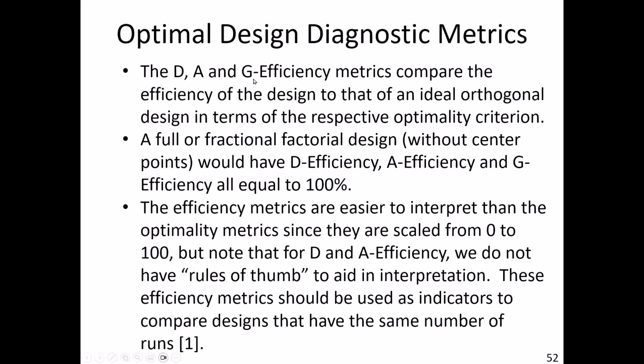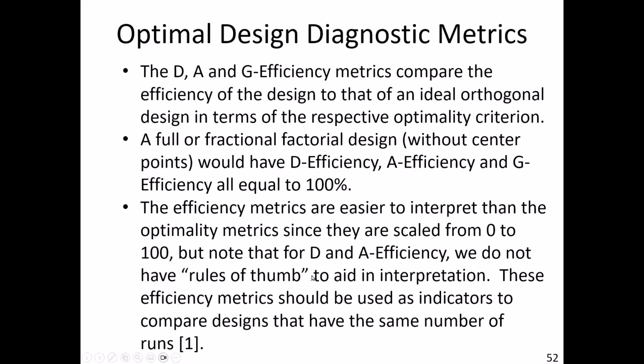So D, A, and G efficiency metrics compare the efficiency of the design to that of an ideal orthogonal design in terms of the respective optimality criteria. A full or fractional factorial design without center points would have D efficiency, A efficiency, and G efficiency equal to 100%. The efficiency metrics are easier to interpret than the optimality metrics since they are scaled from 0 to 100.